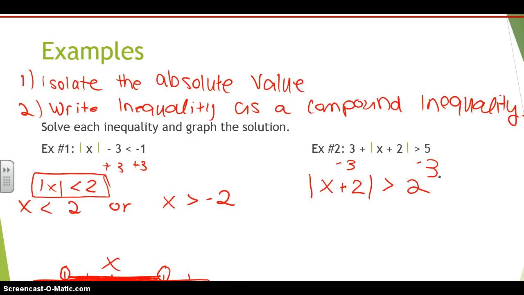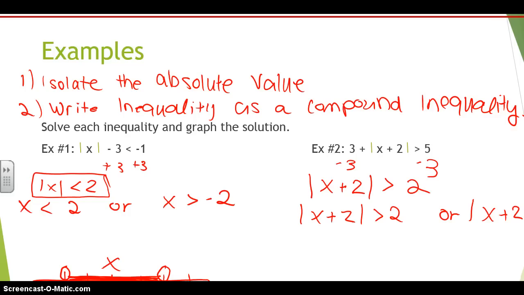So I've solved for that, but what I need to do now is write a compound inequality given this situation. I can have my first inequality be x plus 2 is greater than 2, or x plus 2 is less than negative 2.